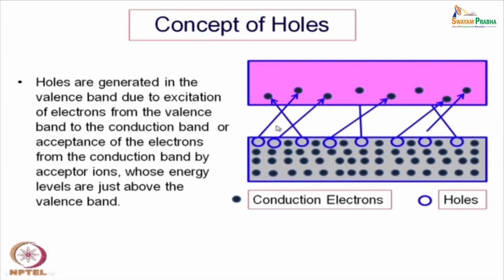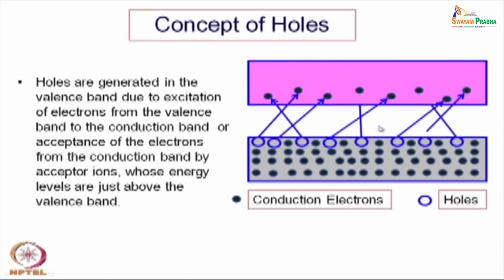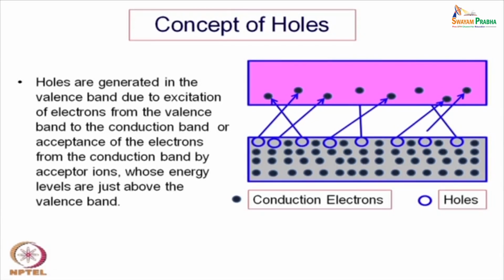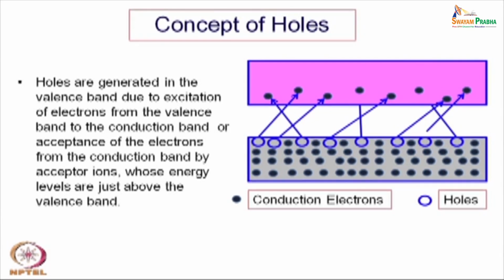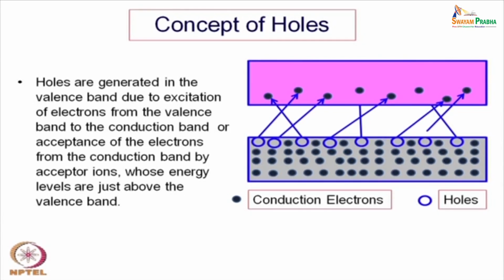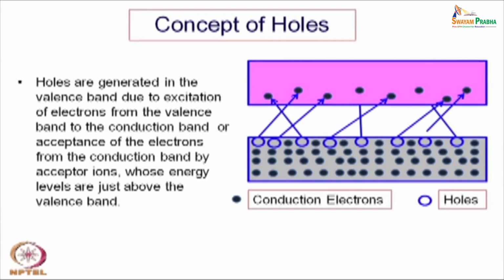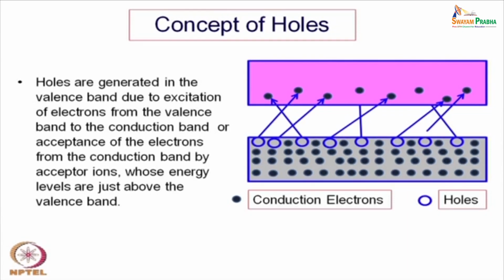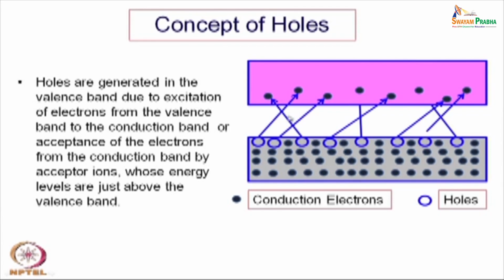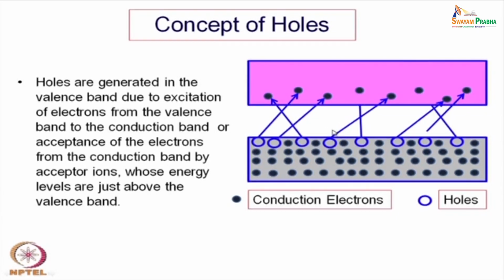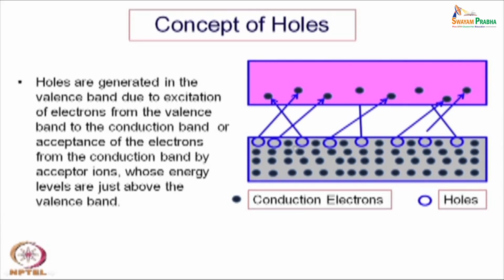Somewhere here, if there is an absorber or an acceptor of the electrons which has an electron affinity, that means it has a tendency to absorb electrons from any source, for example an impurity ion whose electron affinity is much larger than the host material.